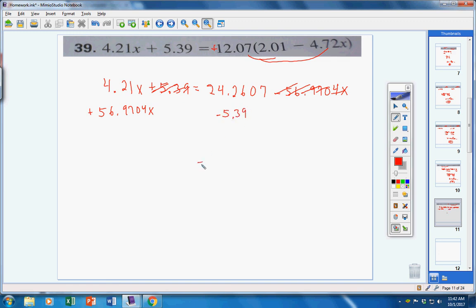And here we go. Over here we would have, let's see, 61.1804. Over here we would subtract. We have a positive, pay off our debt, and we're left over with positive, let's see, 5.39.